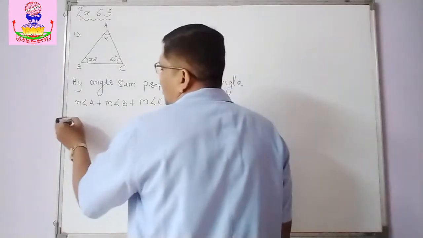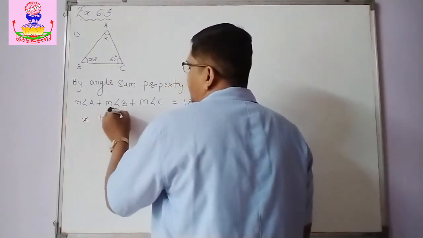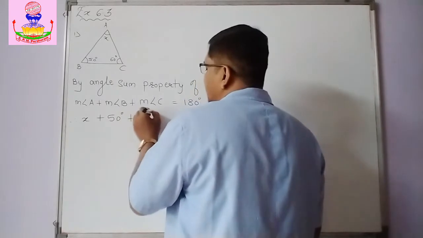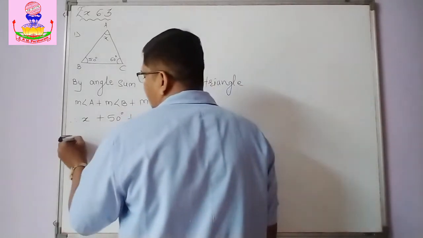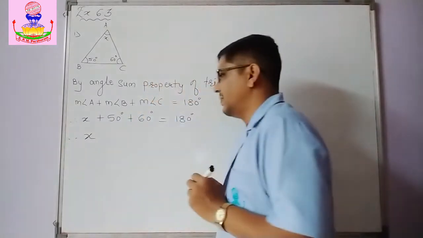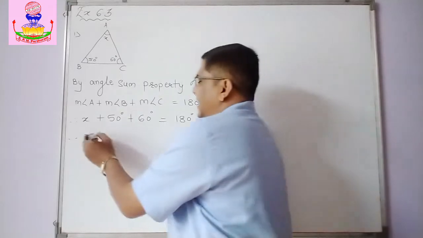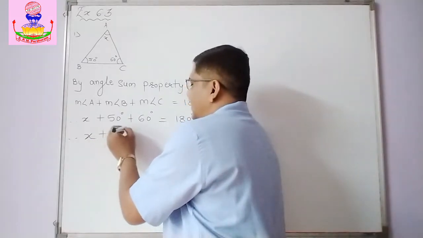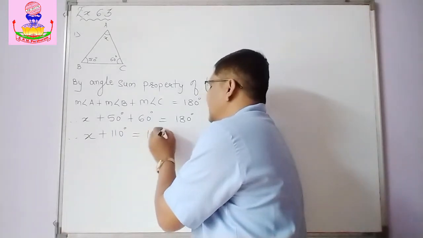Now, what is the measure of angle A? We don't know, x. Measure angle B is 50 degrees, measure angle C is 60 degrees. That is equal to 180. So therefore, x plus 50 plus 60, exactly, 110 degrees. That is equal to 180.